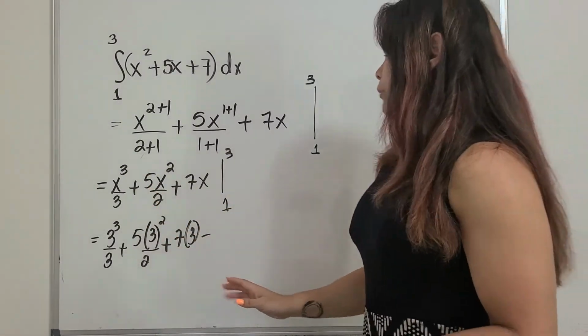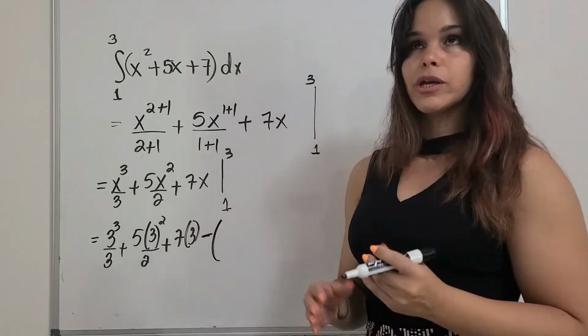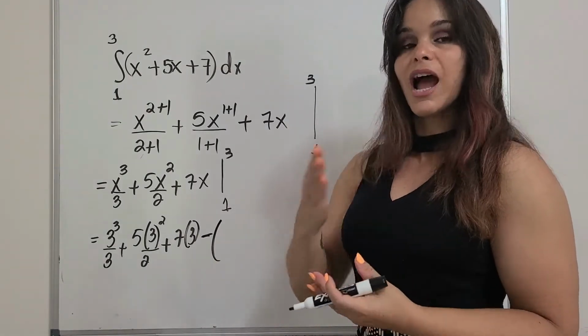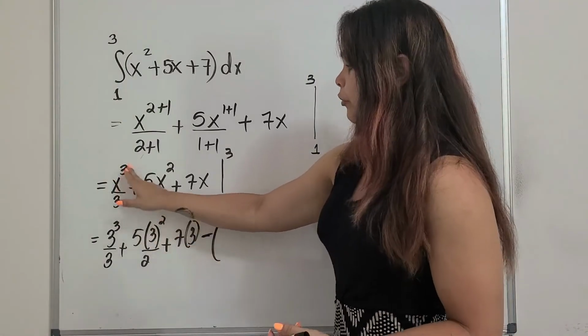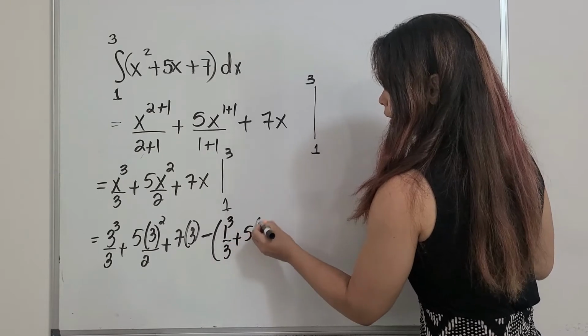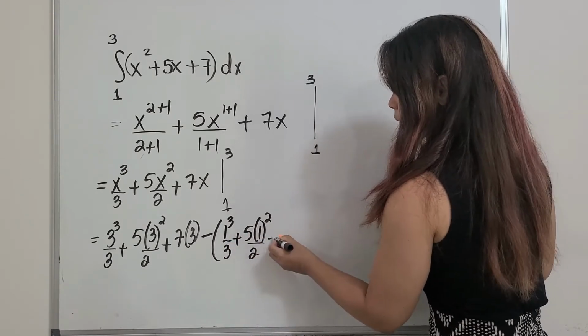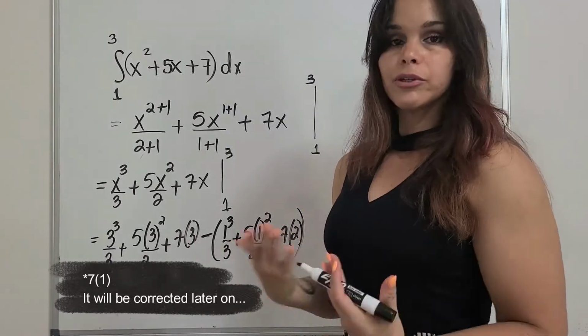Okay, I recommend that when I write a minus here, write a parenthesis, so it's kind of a reminder that I have to subtract everything that comes after. So this is going to be 1 to the power 3 over 3 plus 5 times 1 squared over 2 plus 7 times 1, and then I'm just going to continue simplifying.